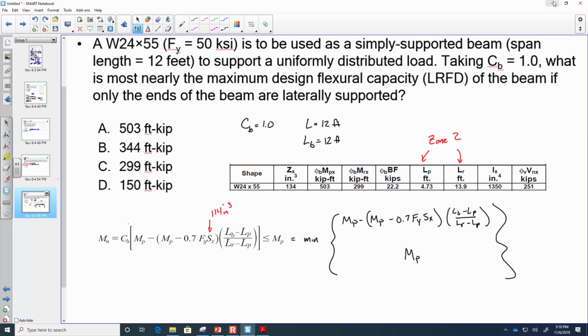What about MP? Does anybody remember how to compute MP? I know they report a phi MP, so if you wanted, you could take that divided by 0.9, but this is more behavioral. Anybody remember how to compute MP? Fy ZX. So that's 50 KSI times 134 cubic inches, and that equals what?